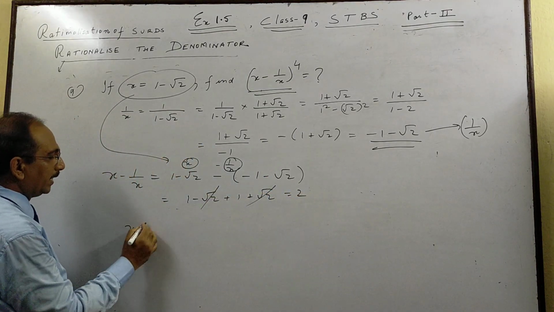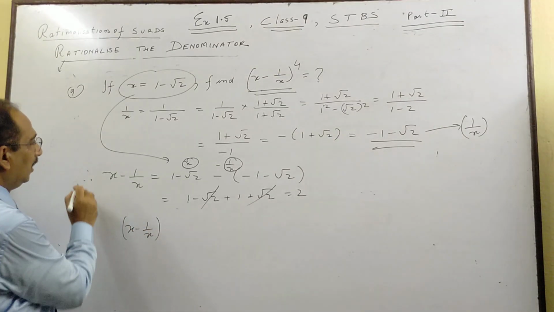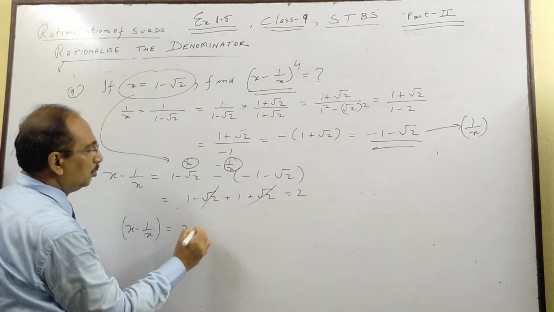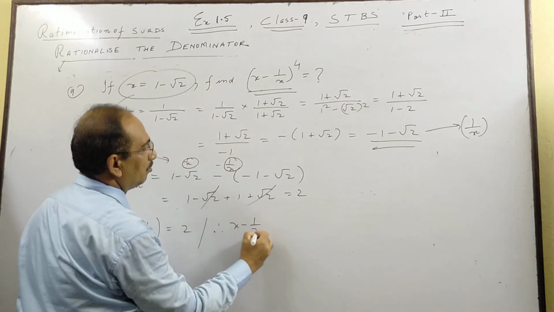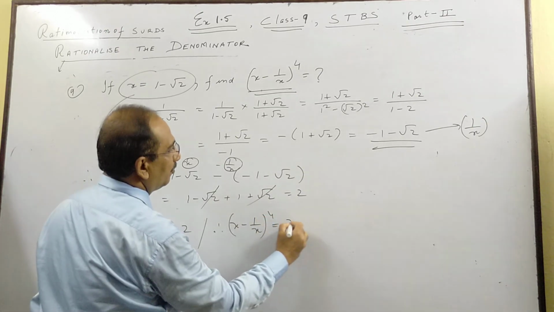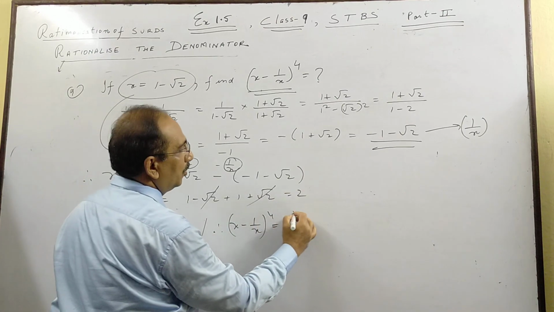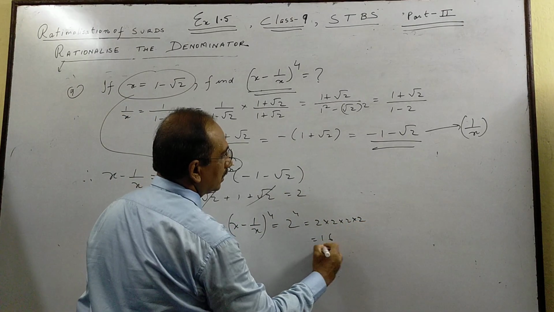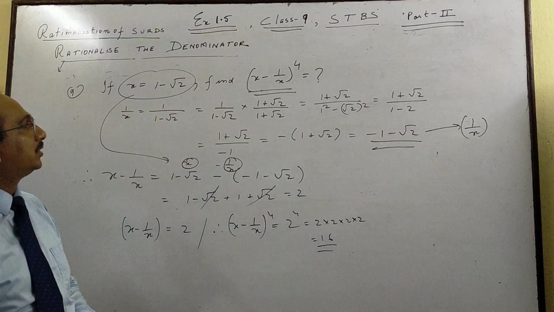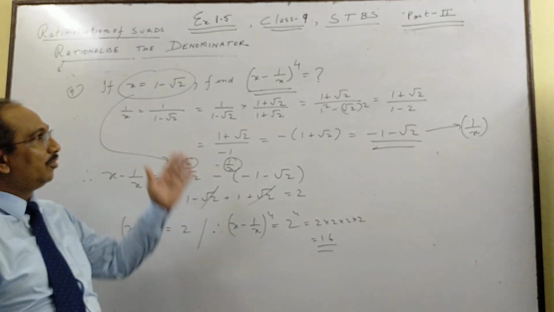So what do we get? x minus 1 by x is 2. So finally, x minus 1 by x to the power 4: since this is 2, put 2 here and put it to the power 4, 2 into 2 into 2 into 2, this is 16.